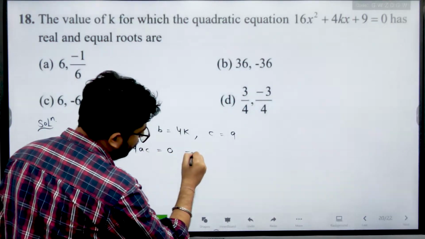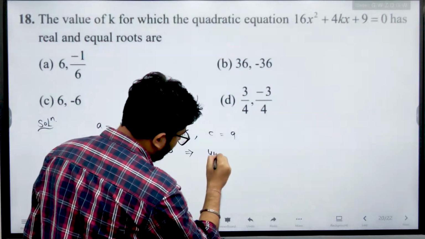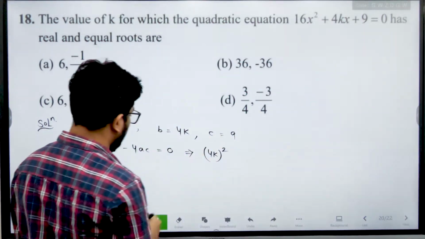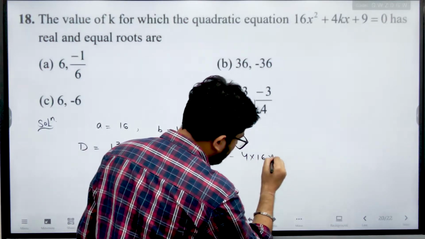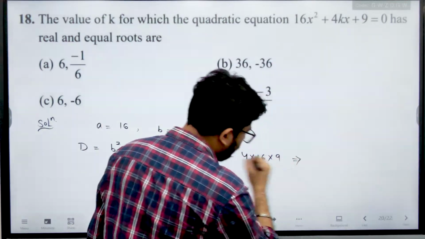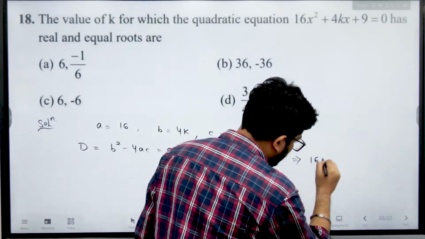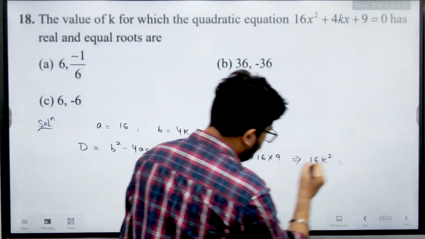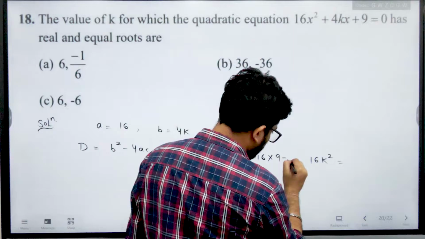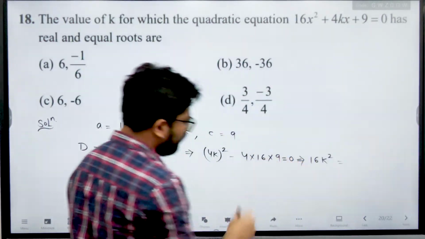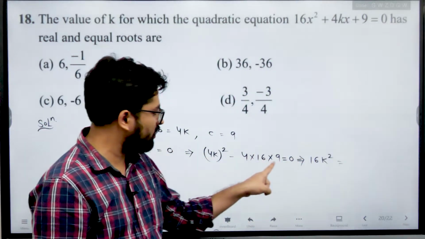From here you can say b square is 4k into 4k, minus 4a c, which is 16 into 9. This thing implies b square minus 4ac is equal to 0.